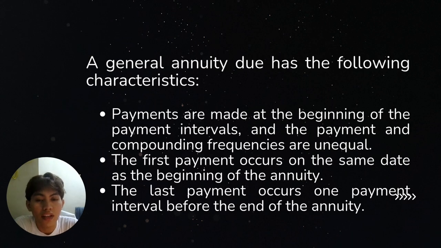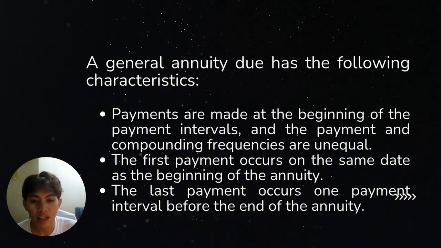Actually, general annuity due has similar characteristics to a simple annuity due, where you will pay at the beginning of the payment interval, and for your final payment, it has a gap between your final payment and the end of your annuity. However, since it is a general annuity, the payment interval and the compounding period do not coincide.